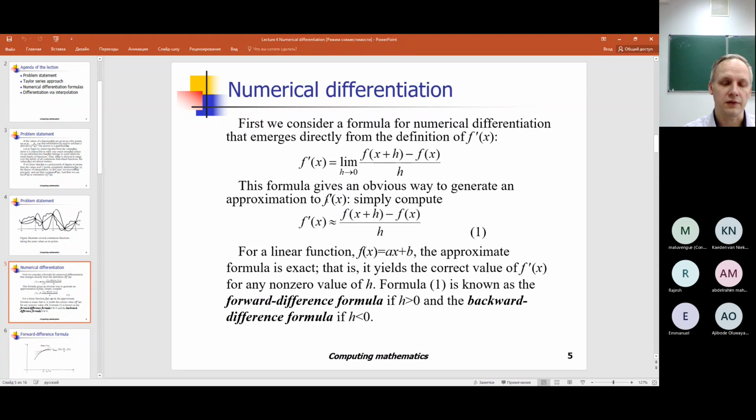What is the definition of derivative? Also, we considered this information in the first lecture.